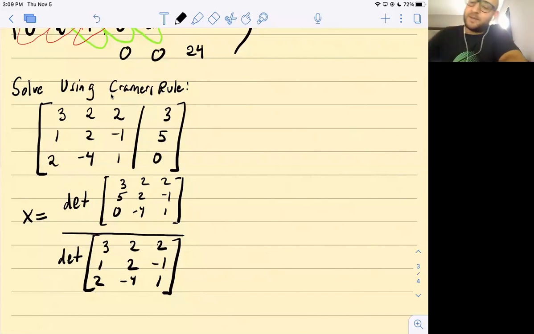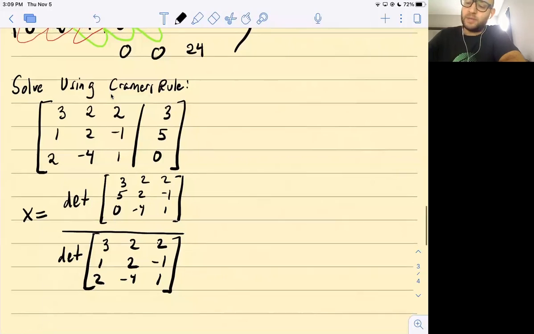Okay. I'm going to do the second way of calculating the determinant, but you're welcome to do any way. If you want to follow along, I'm just going to do it quietly on the board, and you can try it out on your own, and then we can compare answers in a little bit.